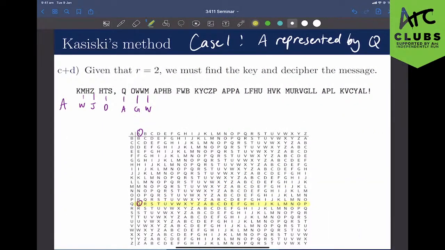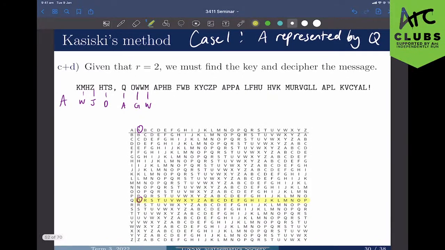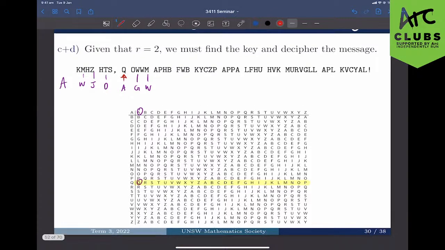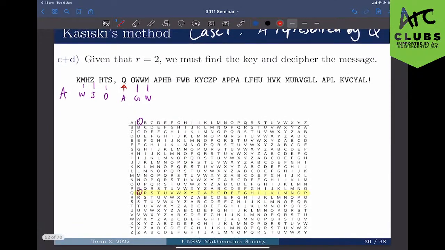So first, we consider the case where A is represented by Q. So A is like the original text, because there's a lot of A's by itself in English. So yeah, we consider that A is being represented by Q. And so we have this thing called the V table here, which has all the Caesar shifts that are possible.